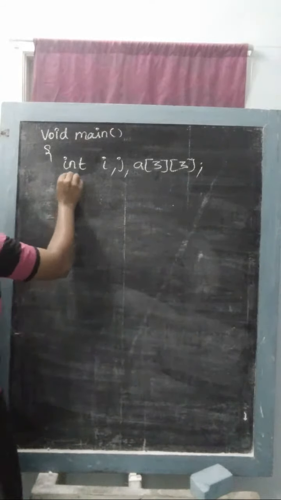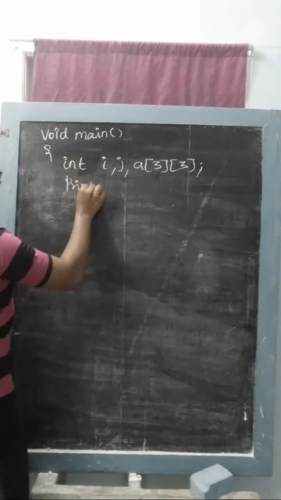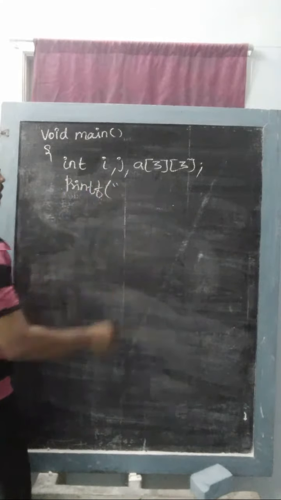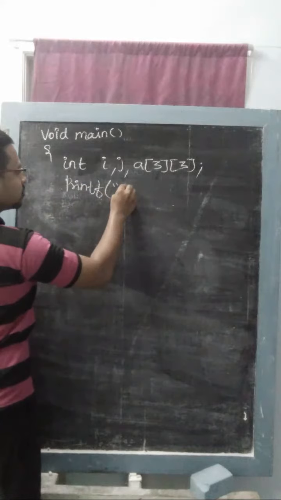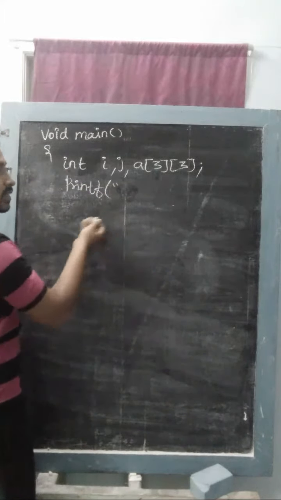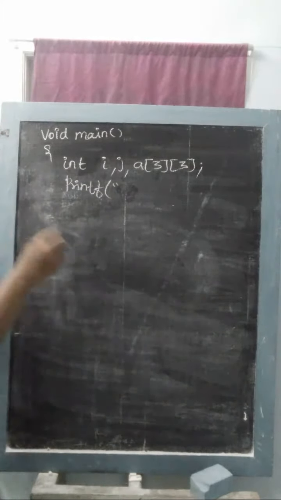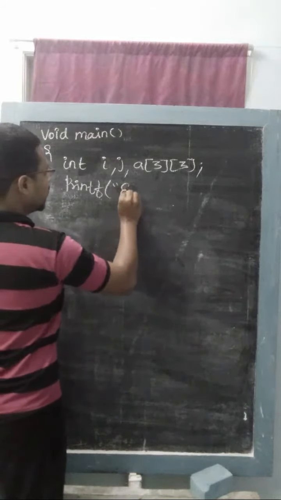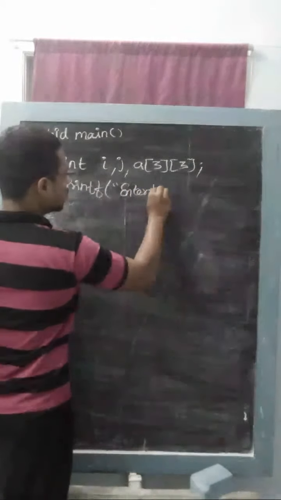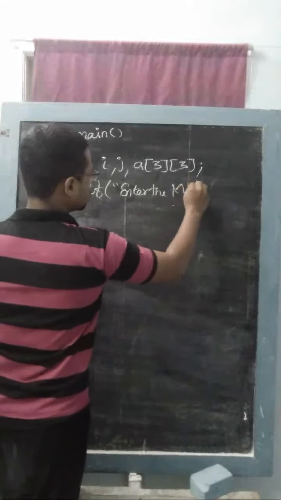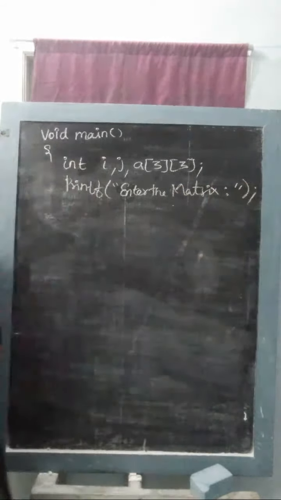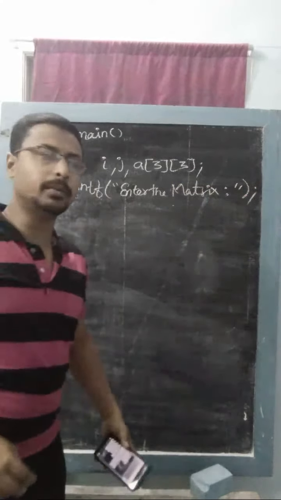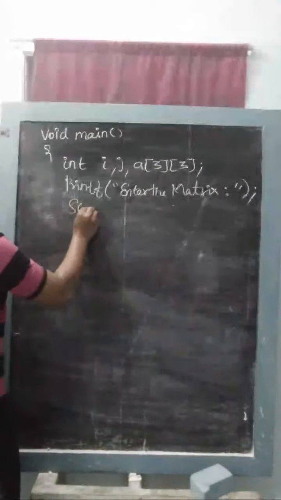Now I'm writing printf. All the values should be integer values, so in the scanf I have to write %d. Here, "Enter the matrix." I'm just writing like that, because I'm going to get the values of the matrix. So scanf.